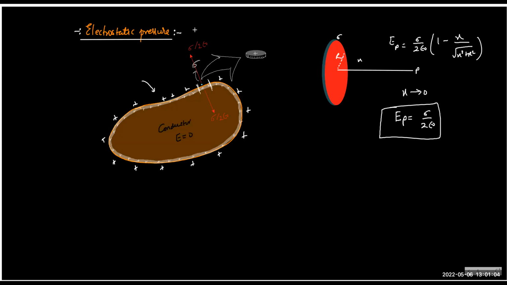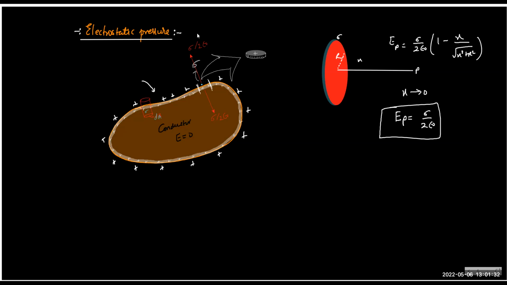So if I create a Gaussian surface, a Gaussian cylinder like this of area dA, and sigma at this location, let's call it sigma only, because I just want the answer in terms of some sigma value.